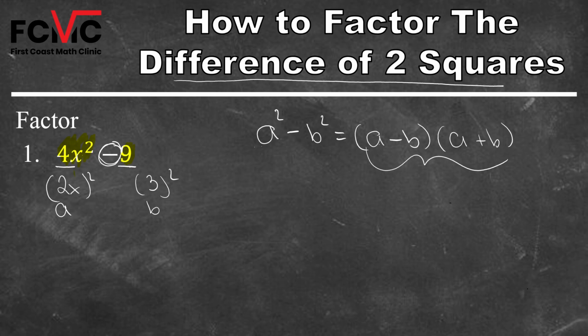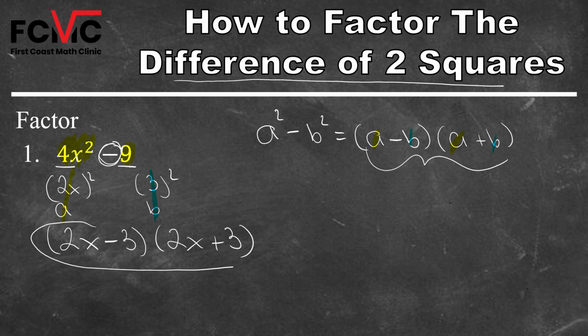Then 2x goes in for my a, and 3 goes in for my b. So my factored answer is 2x minus 3 times 2x plus 3.